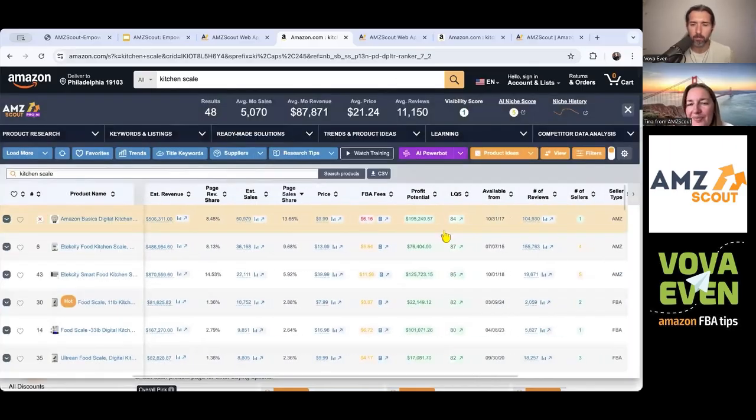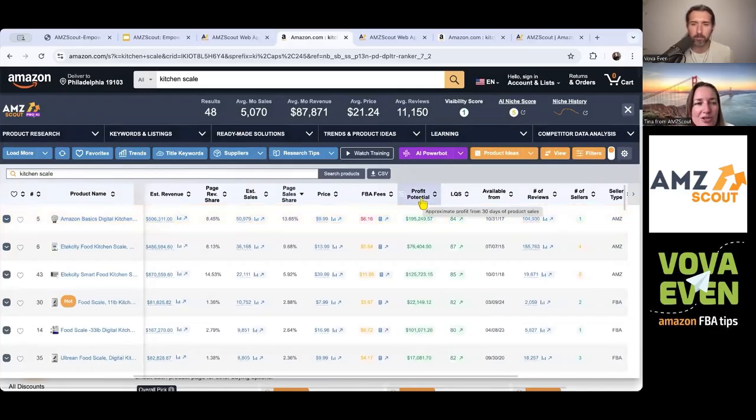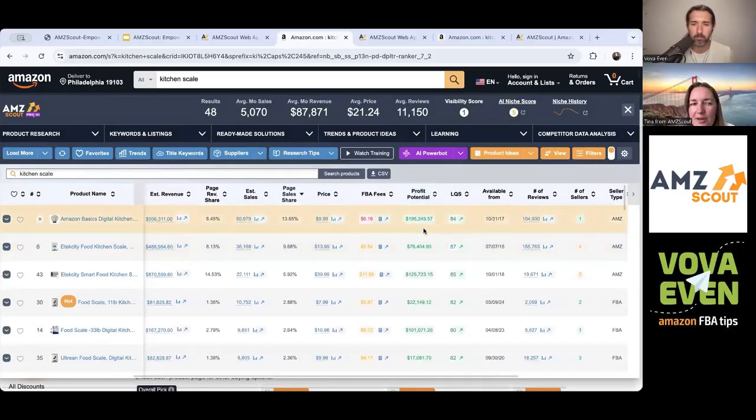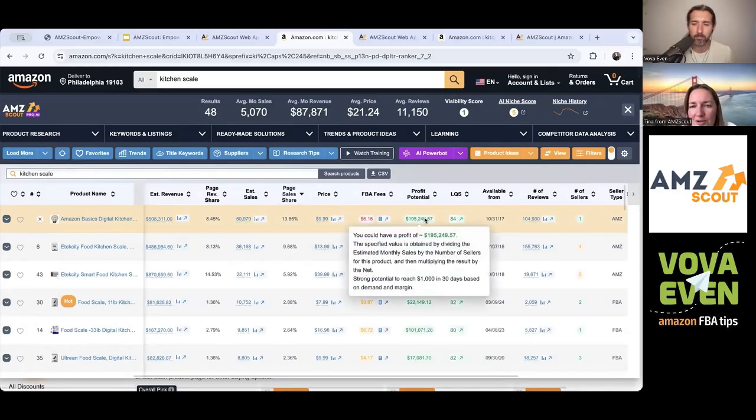Well, let's go on. The profit potential. That's, by the way, one of our newest updates as well. It hasn't been here for long. We used to have just revenue, costs, FBA fees, but now there's profit potential. It has a tooltip here that explains it.